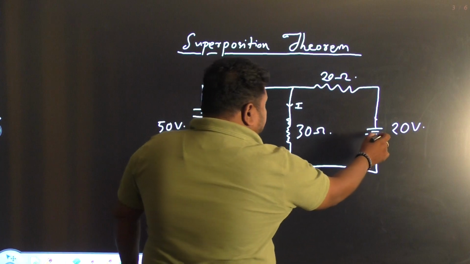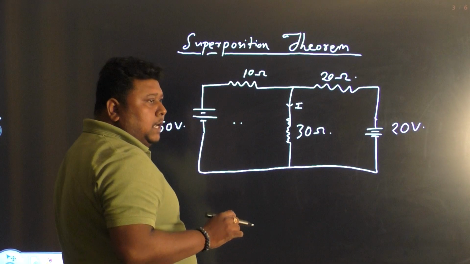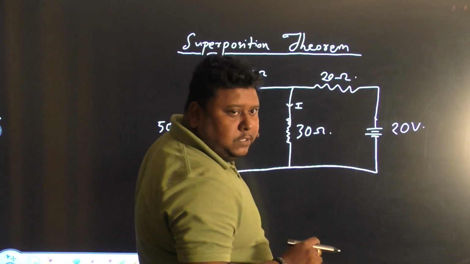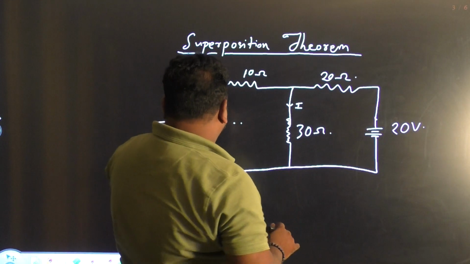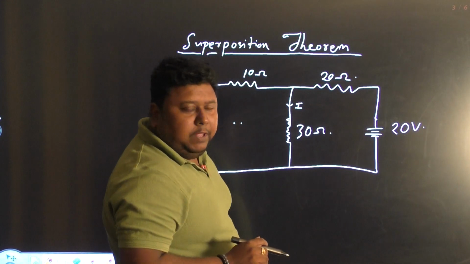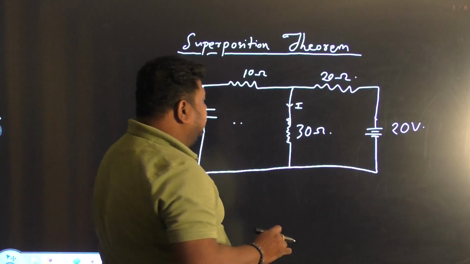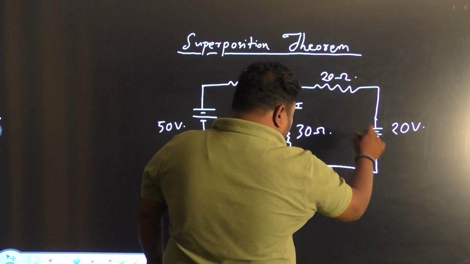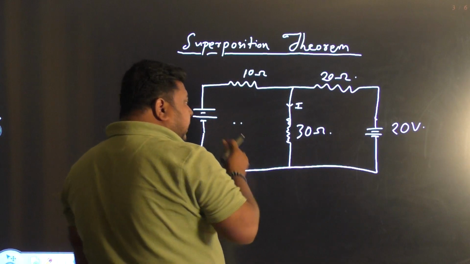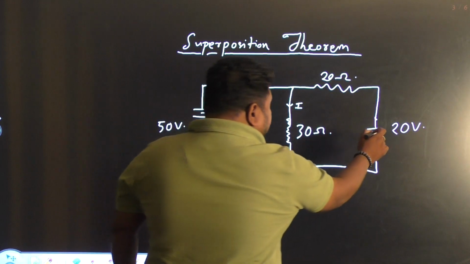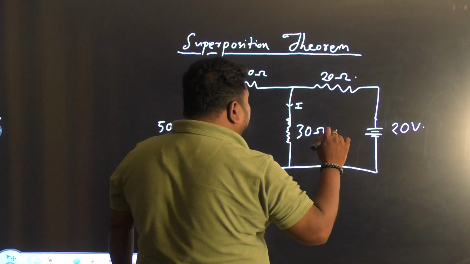So this was the source, and as I have told, we have to consider one source and eliminate another source. So first I am considering 50 volt and I am going to eliminate 20 volt. Now this 20 volt is the voltage source, so how am I going to eliminate it?